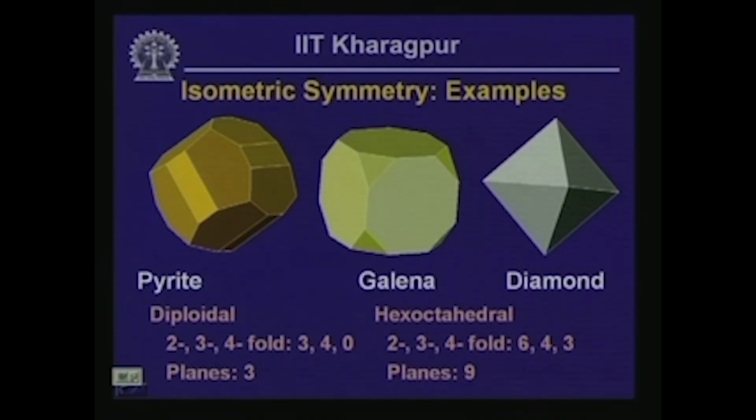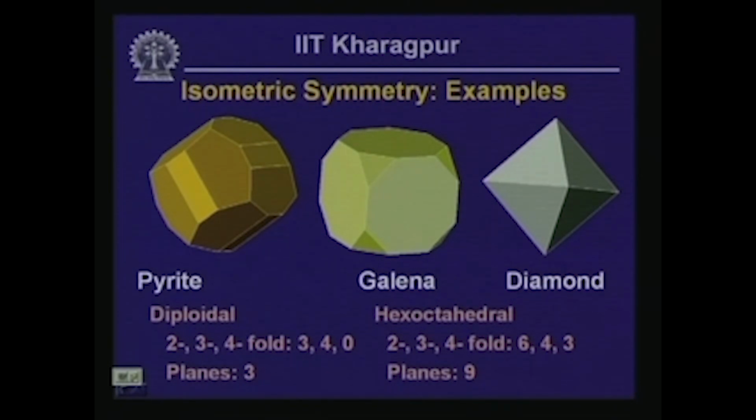Pyrite is on the left of this particular slide, and this type of mineral is, as I mentioned, of the isometric class, and the subcategory within the isometric class is diploidal. Now, pyrite has 2, 3 and 4-fold symmetries. The number of 2-fold symmetries is 3, the number of 3-fold symmetries is 4, and the number of 4-fold symmetries in this case is 0.